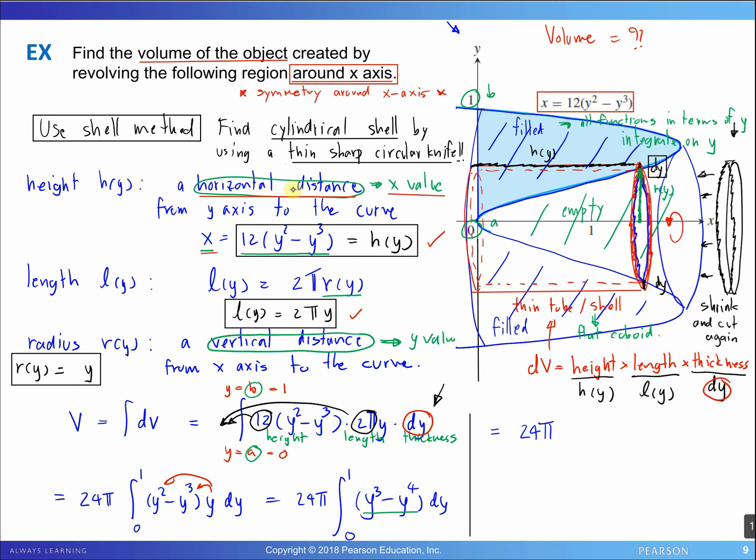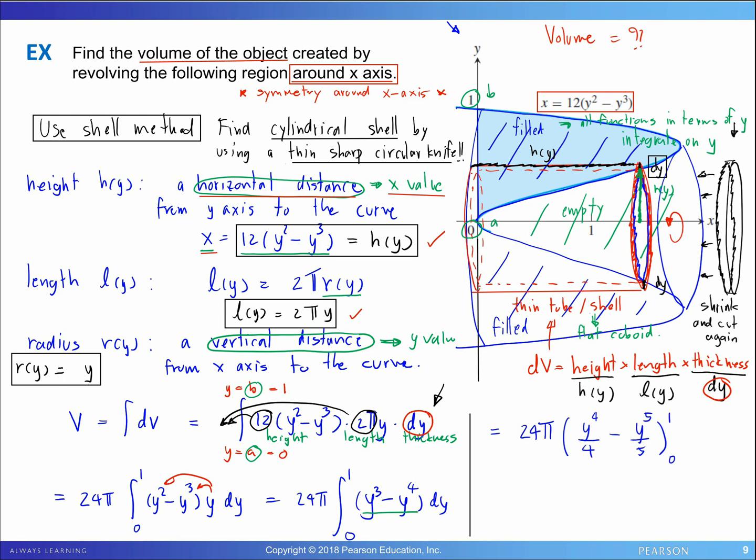And that's going to be equal to, first one, antiderivative of y cubed, we have y to the 4, power increases by 1, divided by the same number down here, minus antiderivative of y to the fourth, and that is y to the power of 5, increases by 1 and divided by the same number, 5 down here. Evaluated at two values, starting point 0 and the end point 1.